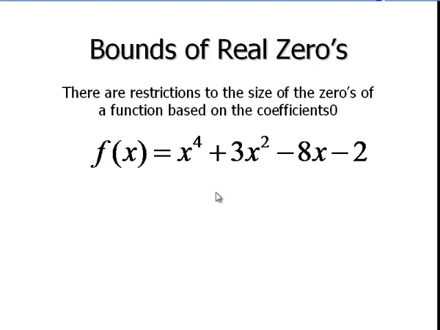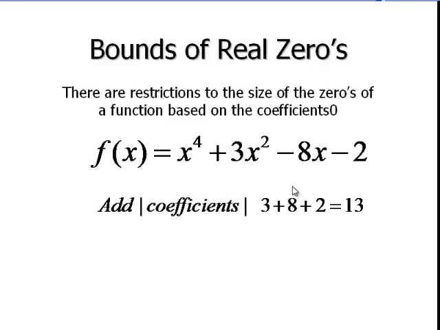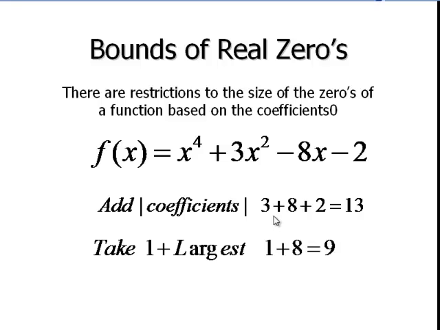Now to find that, suppose you have x to the fourth plus 3x squared minus 8x minus 2. You simply add the absolute value of the coefficients. So we have 1, 3, 8, and 2. And so I took the 3, the 8, and the 2, and added those together.